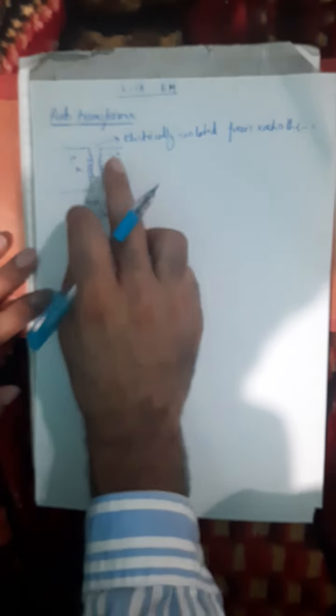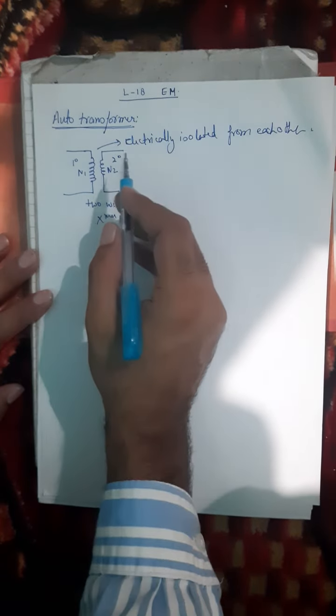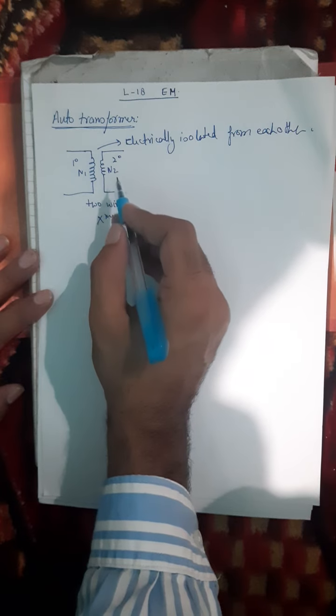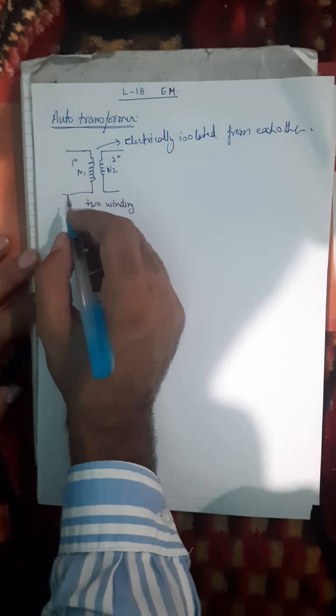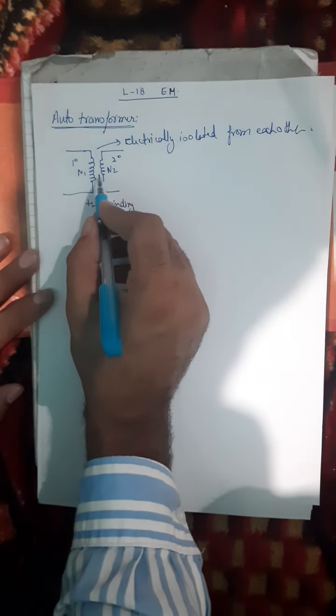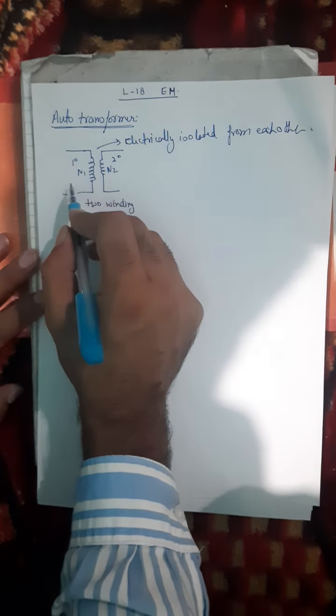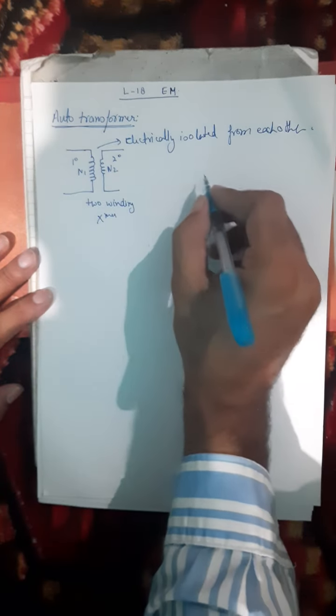Okay. So the difference between this common two winding transformer, or conventional transformer, and the auto transformer is that an auto transformer is a transformer in which part of the winding is common to both primary and the secondary circuit. So I have a winding here.